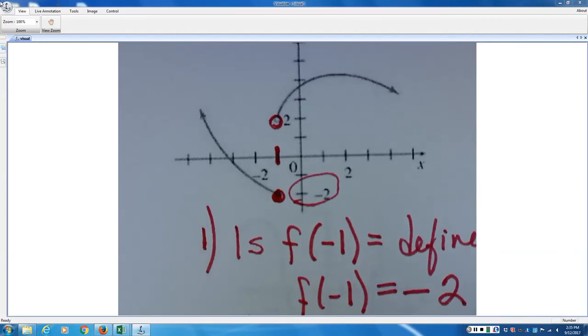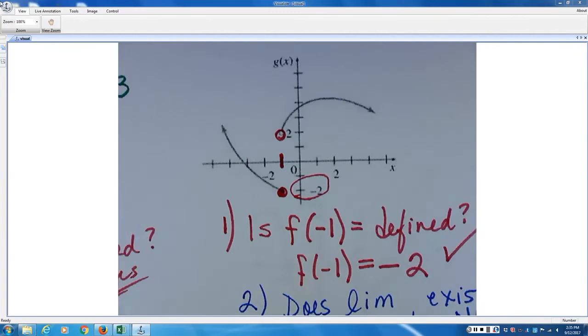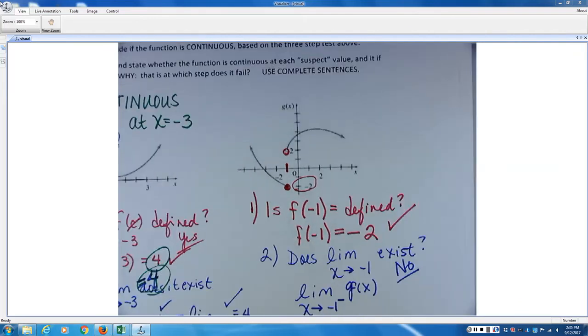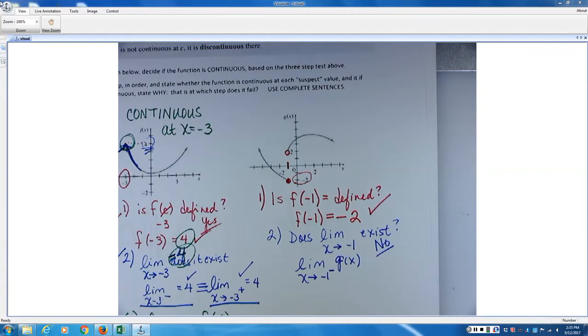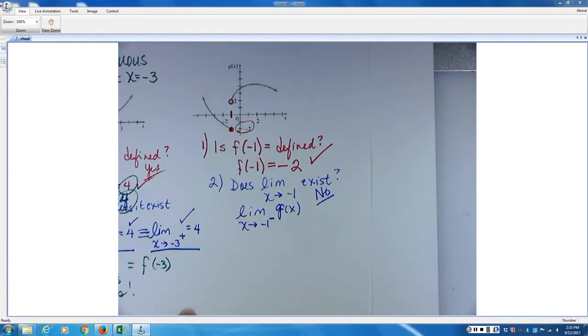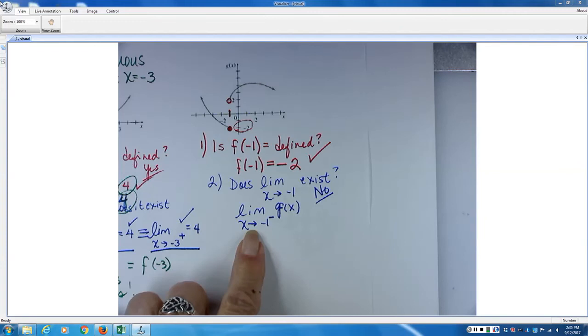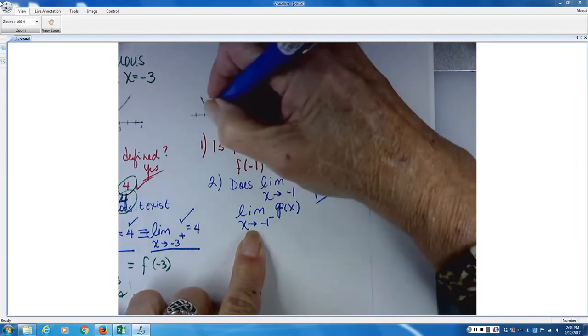Did you zoom out just a little bit? Yeah, because we can pretty well see the function now. Let me scoot it up too. So if I approach negative 1 from the left, what's the value of g of x approaching? Looks to me like it's approaching negative 2.